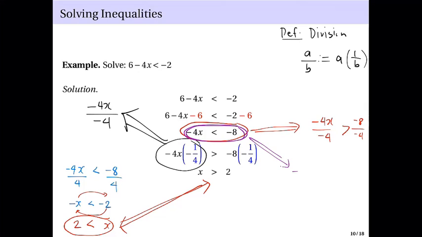So they have something like this: -4x divided by -4, without changing the inequality, and -8 divided by -4. And when they simplify this, that's the only time they reverse the inequality.